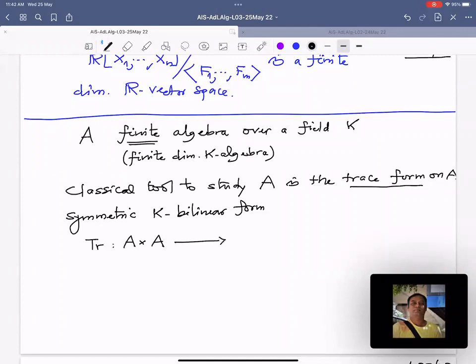Okay. So this is defined by: take any f, small f comma g, and map it to the trace of K over A of f times g.